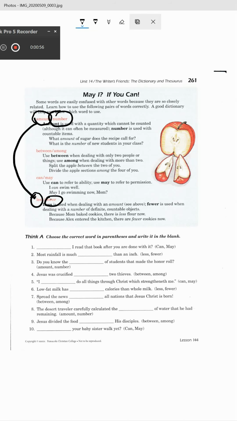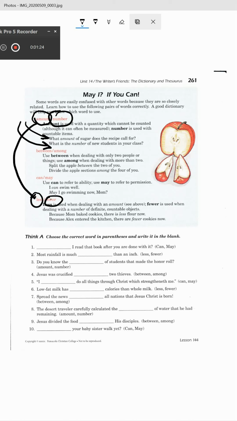For instance, what amount of sugar? We don't sit and count the granules of sugar. We just measure out a certain amount of sugar. But the new students, what is the number of new students in your class? This one you do count. So we use the word number. And I think of number being the word number, and numbers are what we use to count things.